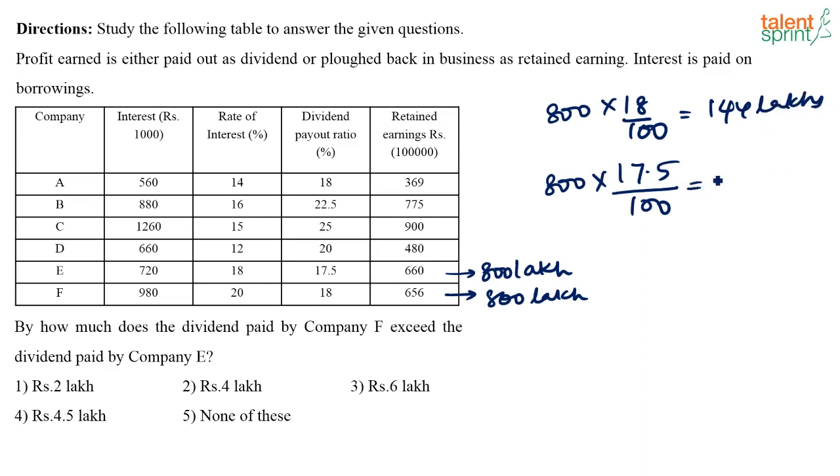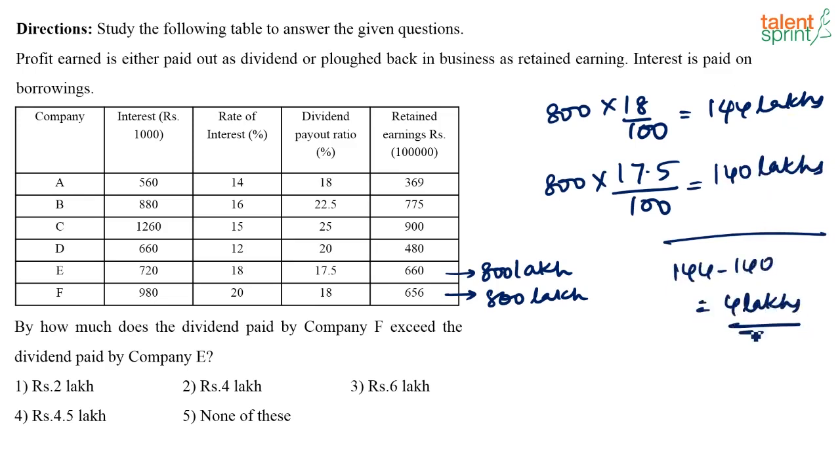Here, this is equal to 17.5 into 8, that is how much? 140 lakhs. Now, what is the difference in the dividend being paid by both the companies? 144 minus 140 lakhs. So the correct answer here is option 2.